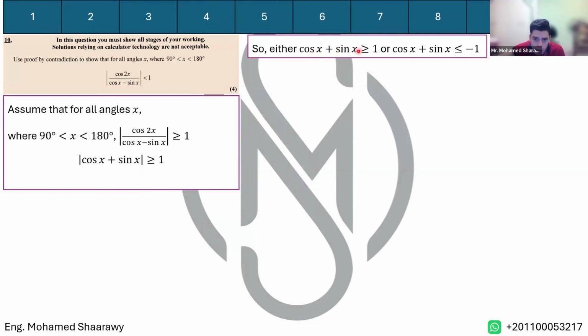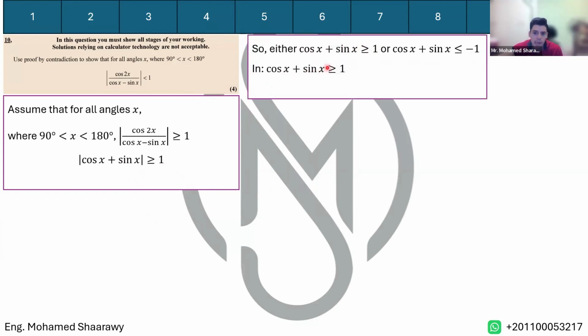First, let's try to find a contradiction in this statement. In cosine x plus sine x greater than or equal to 1, how can I find the contradiction? Actually, it took me a while to figure this out, but I focused on this range.